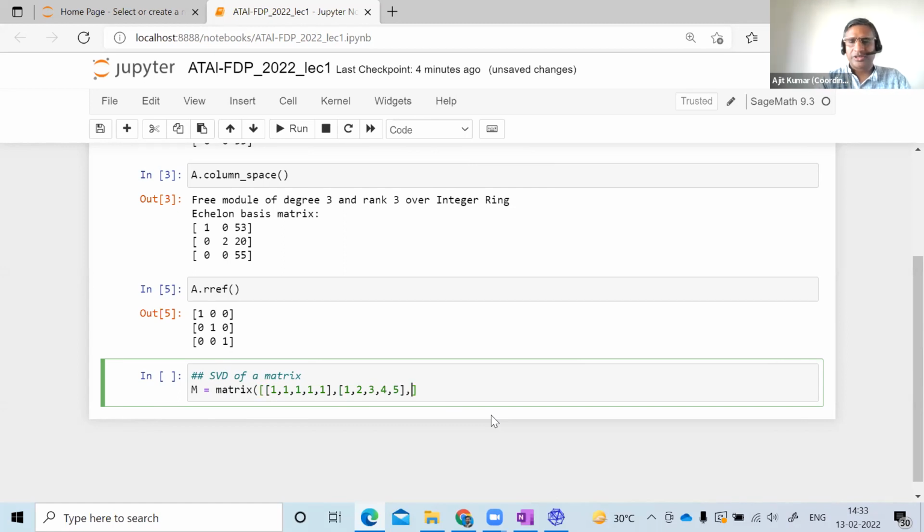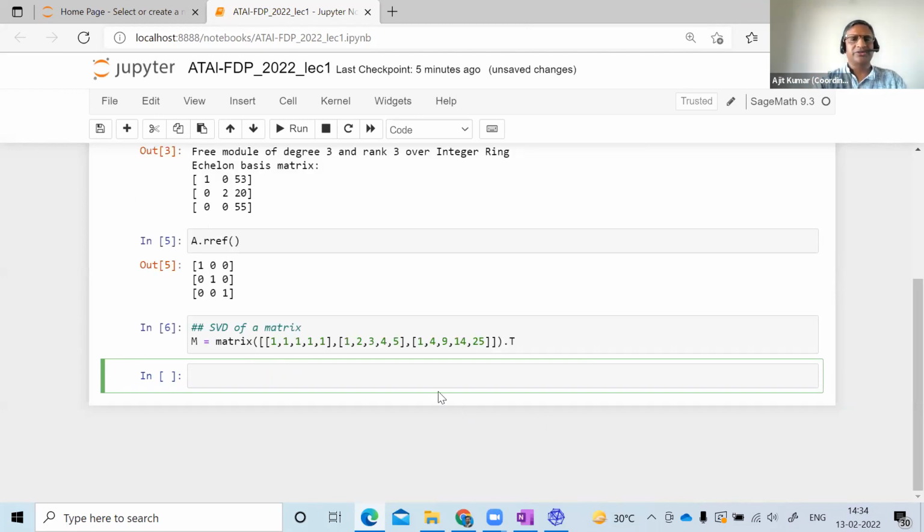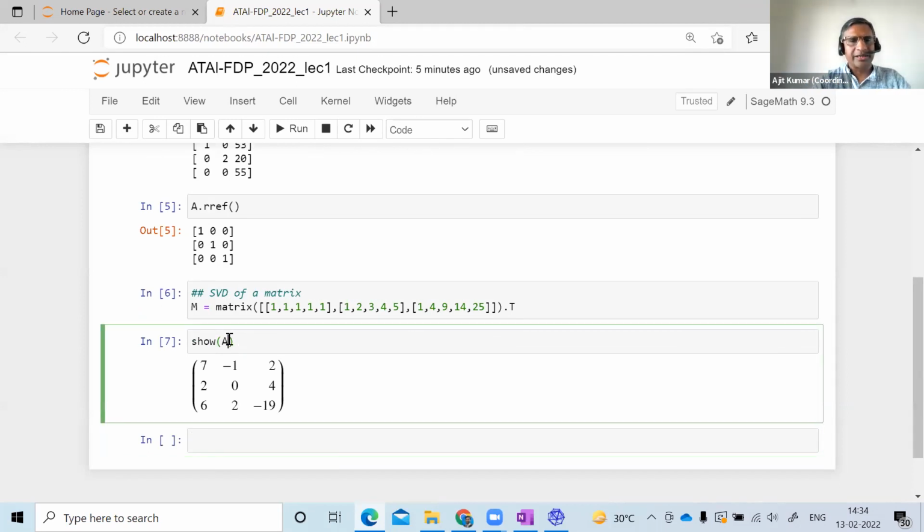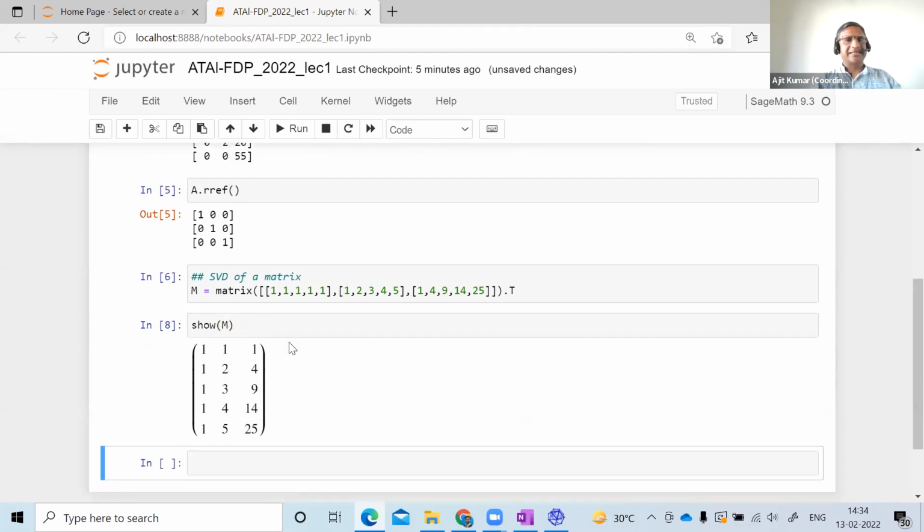Next row is maybe 1 4 9 16 25. I'm sure you know what we are doing. And let me write the transpose of this, so dot T will give me the transpose. Let us ask it to show what is M. This is my matrix M.